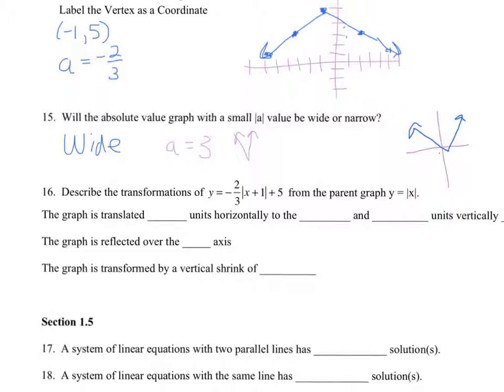So how is the graph that we just graphed different? Well, our vertex definitely moved. Our vertex moved 1 unit horizontally, and it moved to the left. And it also moved vertically 5 units, and it moved up.